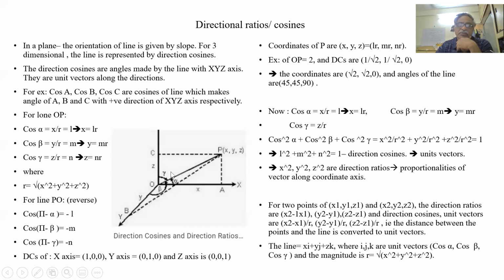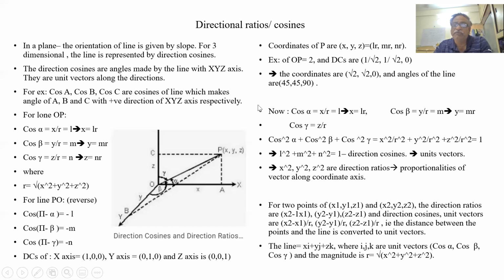So a line is a combination of x, y, z. So we define them in terms of LMN. The component of x divided by total distance, the component of y divided by total distance, the component of z divided by total distance are nothing but the unit vector of the line. We define the unit vector of the line.